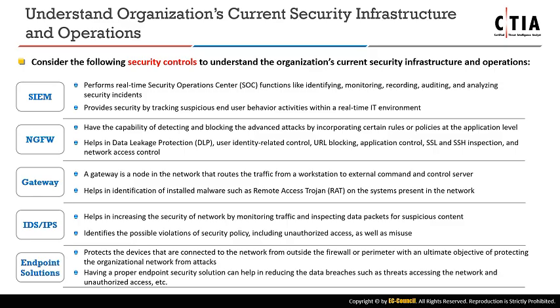And then we have IDS, IPS. Just like NGFWs, IPSs and IDSs are going smart. They're going to be run by narrow AIs in the near future, and some of them already are. So they help in increasing the security of network monitoring traffic by inspecting packets for suspicious content.